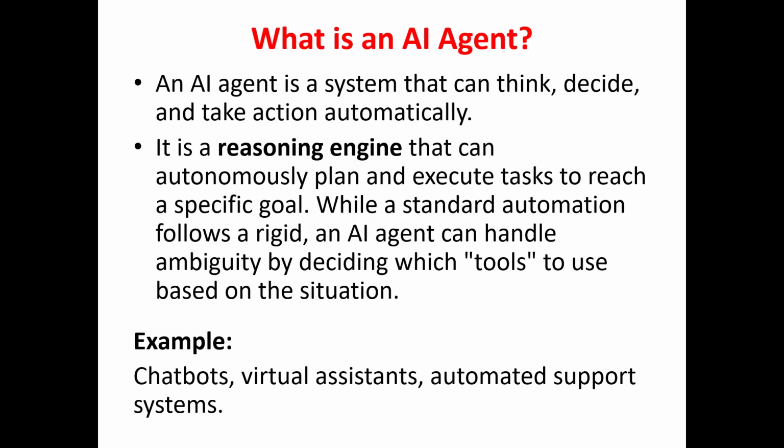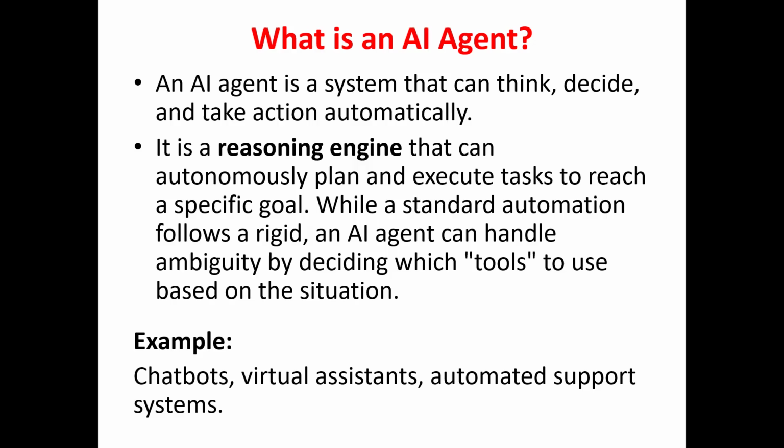So the first question that would come to mind is, what is an agent? Now, we've talked about workflows and we built our first workflow last week. And you will observe that a typical workflow is linear in nature.